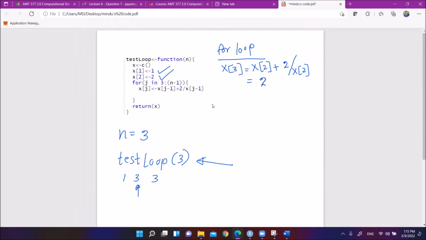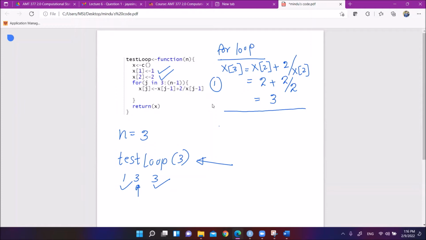So that is 2 plus 2 over 2, which will give you 3. So the value of x3 is 3. This is the first iteration of the for loop. So this should be 2, but it gives you 3.